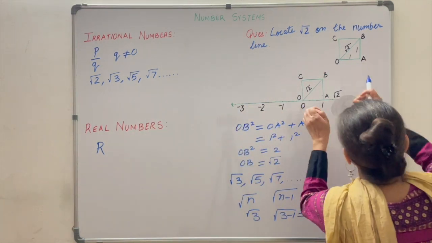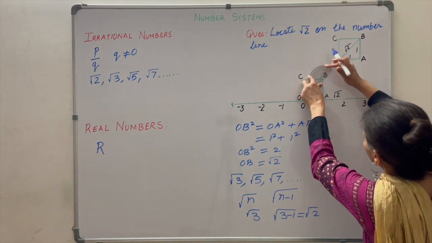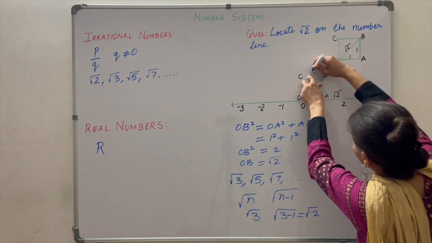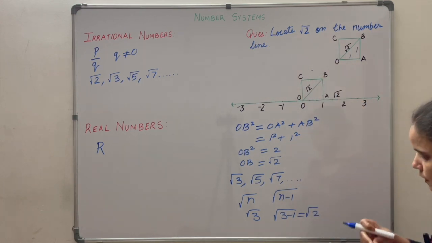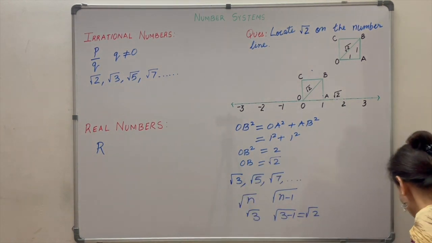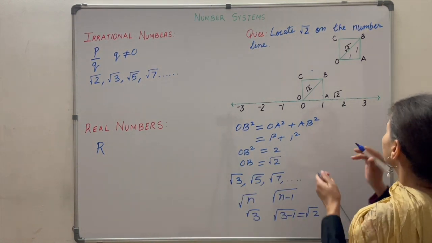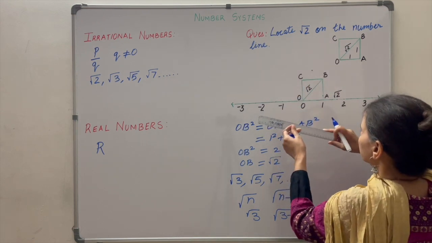Let us do it. So let us make 90 degrees now. And this length has to be 1 unit.